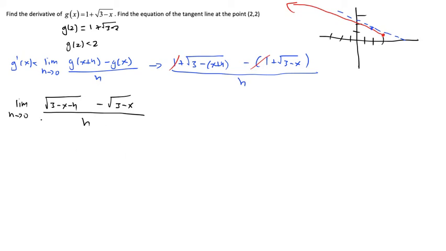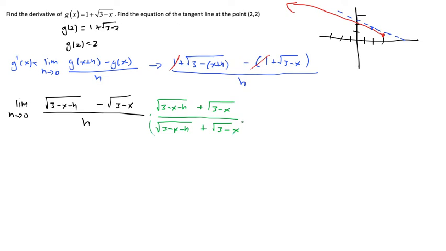When we plug in the h now, we get 0 over 0, so we still have to do some more stuff. We see radicals in the numerator, so hopefully that tells you we're going to rationalize the numerator. We'll multiply by radical 3 minus x minus h plus radical 3 minus x, and do the same thing on the denominator.